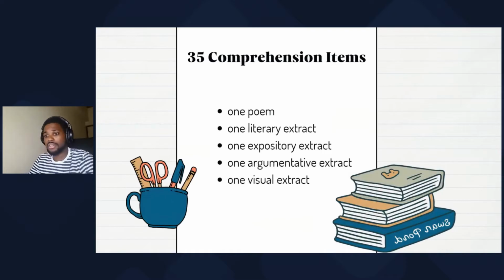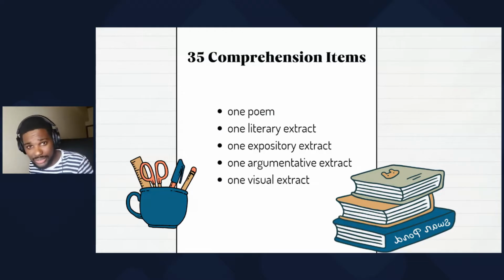And then you're going to have 35 comprehension items divided in this manner: 1 poem, 1 literary extract. So the literary extract could be any piece of literature, or any extract from any piece of literature, from any genre. 1 expository extract, so maybe something from an article or a letter to the editor. 1 argumentative extract and 1 visual extract.